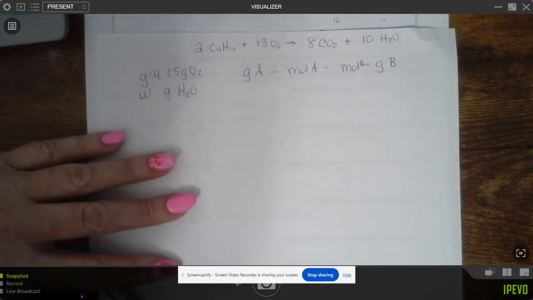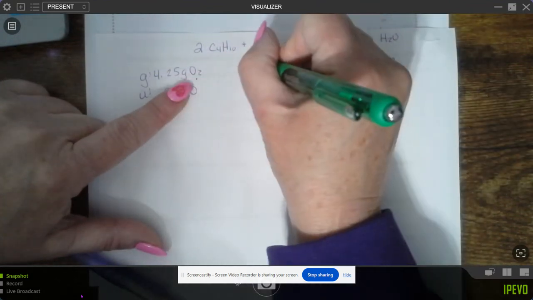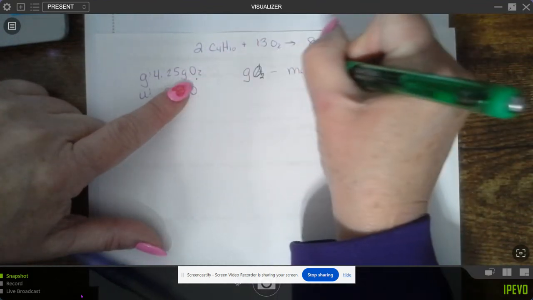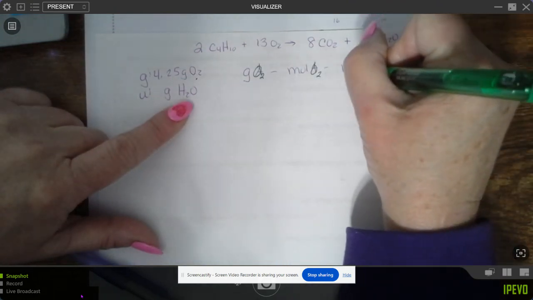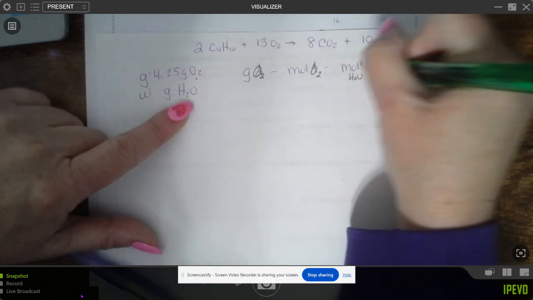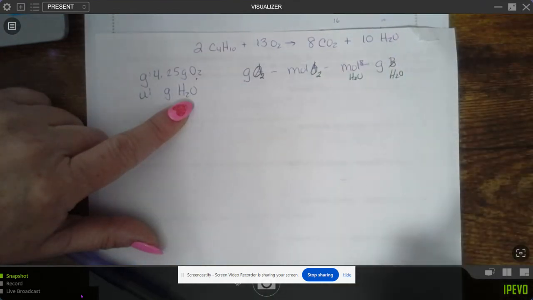My given A is O2. So I have grams of O2, moles of O2. Then I have moles of B, so I've got moles of water and grams of water. Okay, so I'm going to go all the way across the mole map.